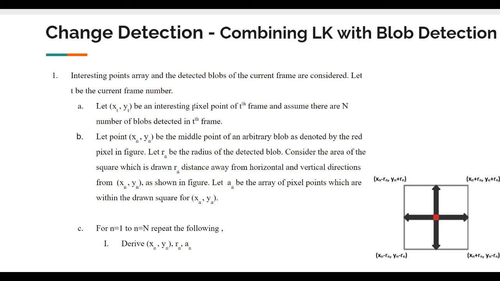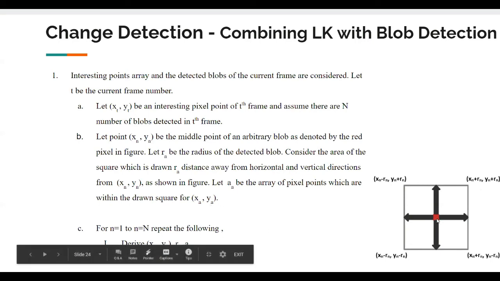Assume that the current frame is T, and there are n blobs detected in this particular frame, and there is a point called XT, YT in the interesting point array. We want to check whether that interesting point is included in one of the blobs. So for each blob in the frame, we define the following.